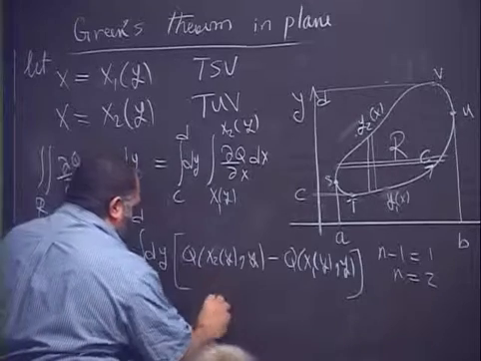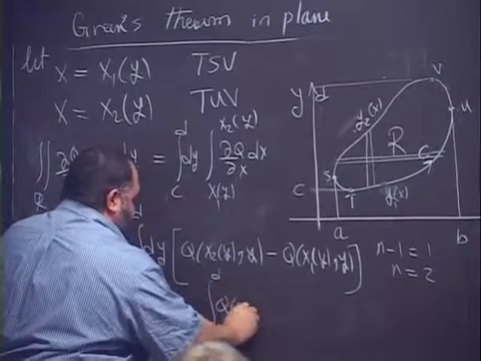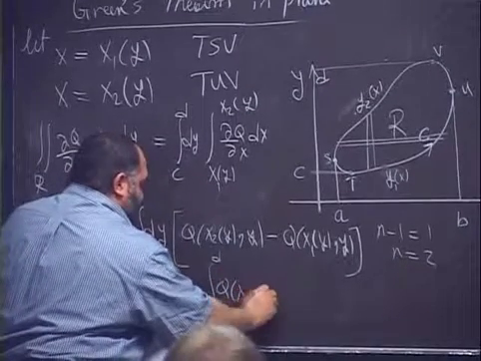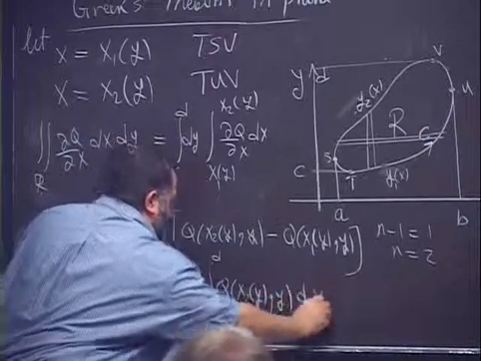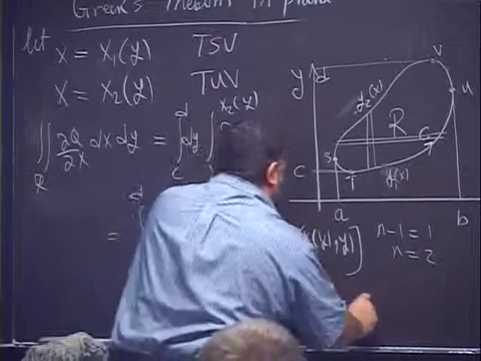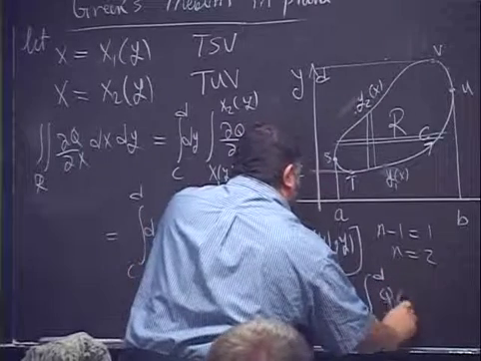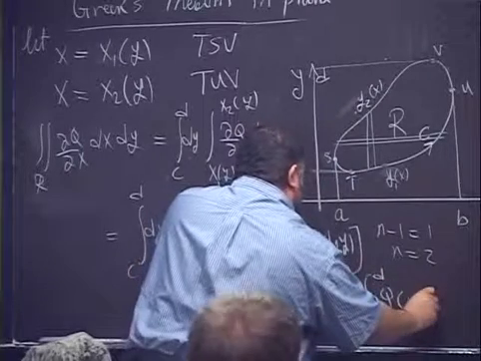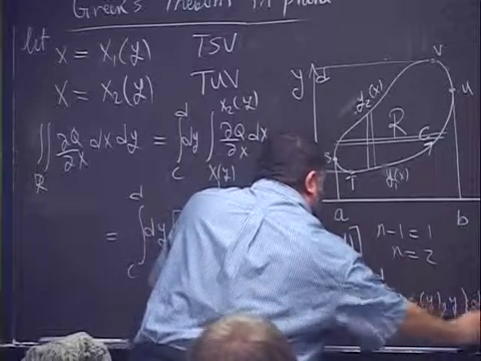So this will be from c to d, Q of x2 of y and y integrated over delta y, minus c to d, Q of x1 of y and y delta y.